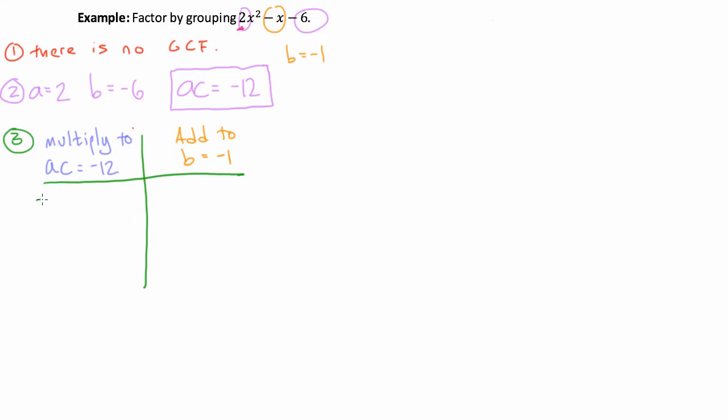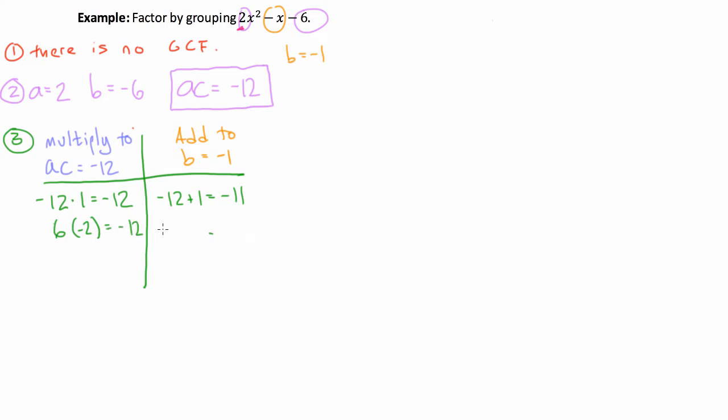So for example, -12 times 1 equals -12, and -12 plus 1 equals -11. So that didn't work. And this is exactly the same kind of thing as the other guess and check stuff we've talked about. I want to see these wrong guesses.